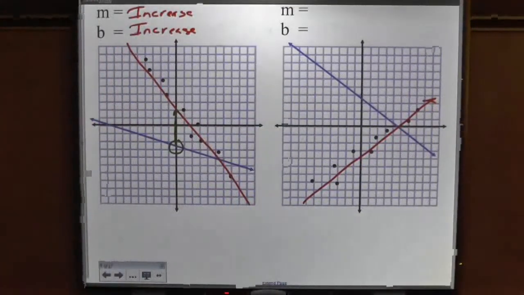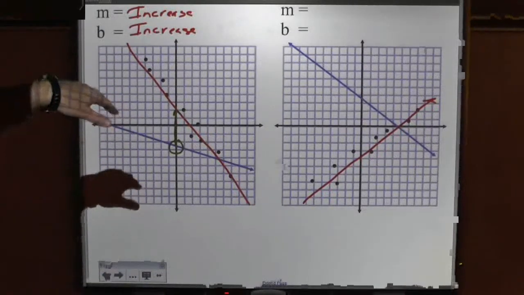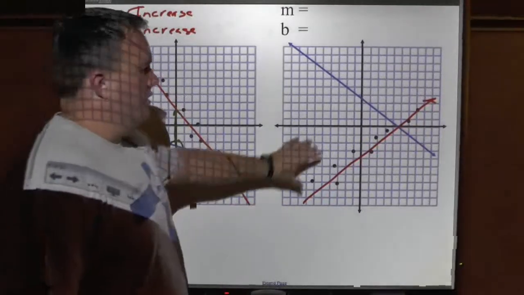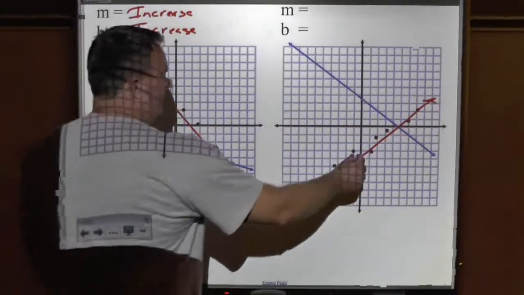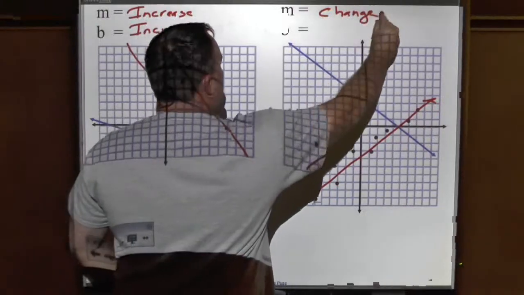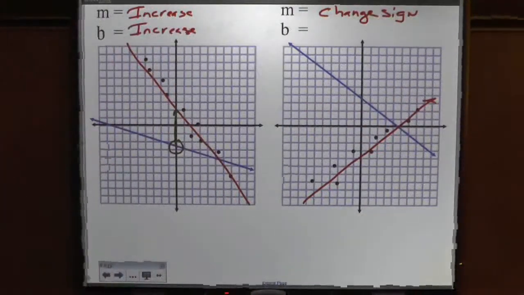But the problem is the original line, the blue line, decreases, and your new line increases. So the slope itself, the steepness, is the same. The issue is in the sign. You need to change the sign to a positive. We have a negative slope with the blue line. You need a positive slope with the red line.